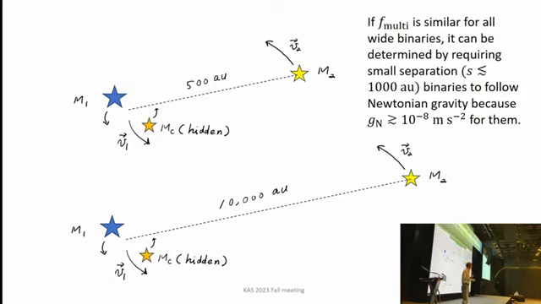Because at this higher acceleration regime, there's no gravity theory, including MOND, that predicts deviation. So it is very safe to require this small separation dynamics to satisfy Newtonian gravity. Basically, I'm using this to self-calibrate F multi.